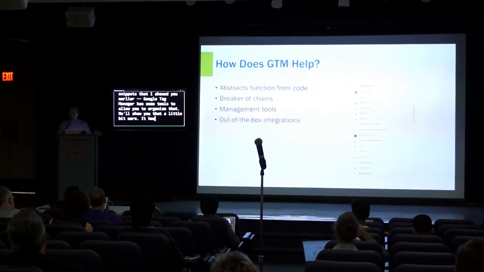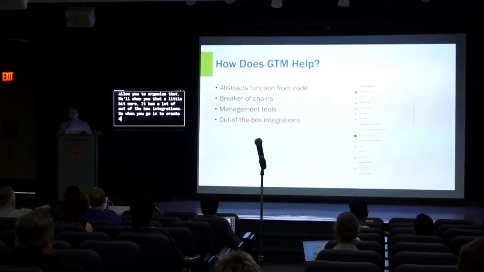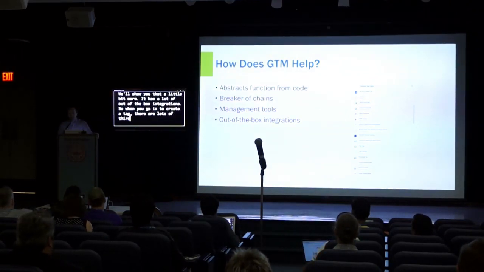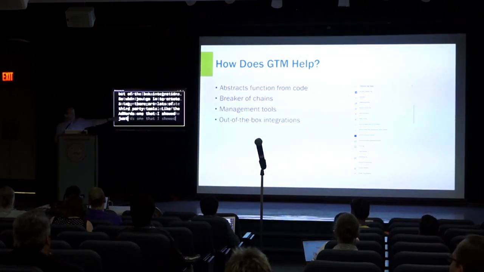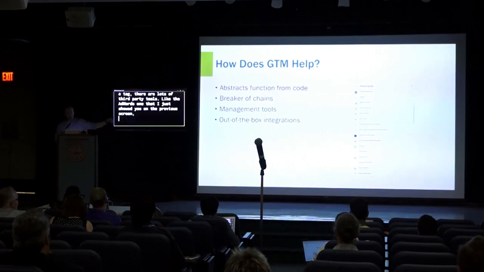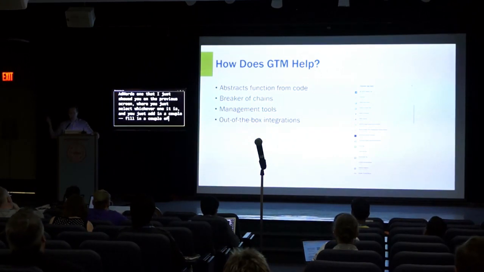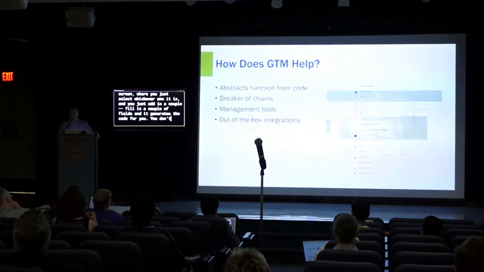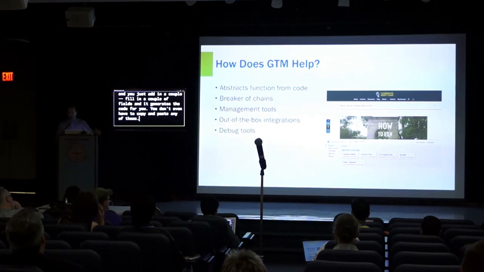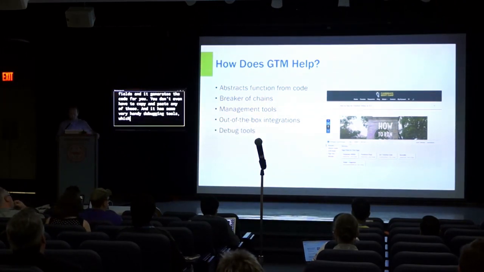It has a lot of out-of-the-box integration, so when you want to create a tag, there are lots of third-party tools, like the AdWords one that I just showed you on the previous screen, where you just select whichever one it is, fill in a couple of fields, and it generates the code for you. You don't even have to copy and paste any of those. And it has some very handy debugging tools, which I will, again, do in more detail a little bit later.